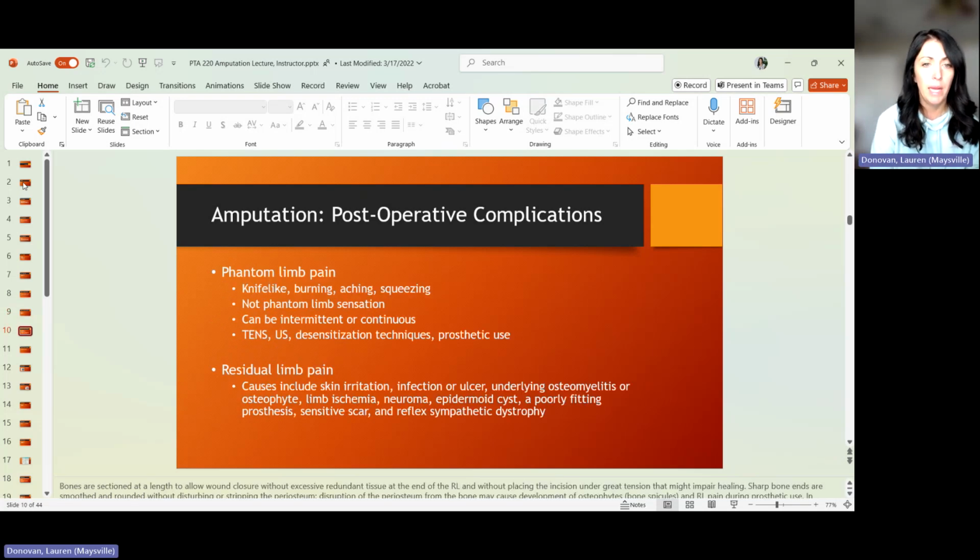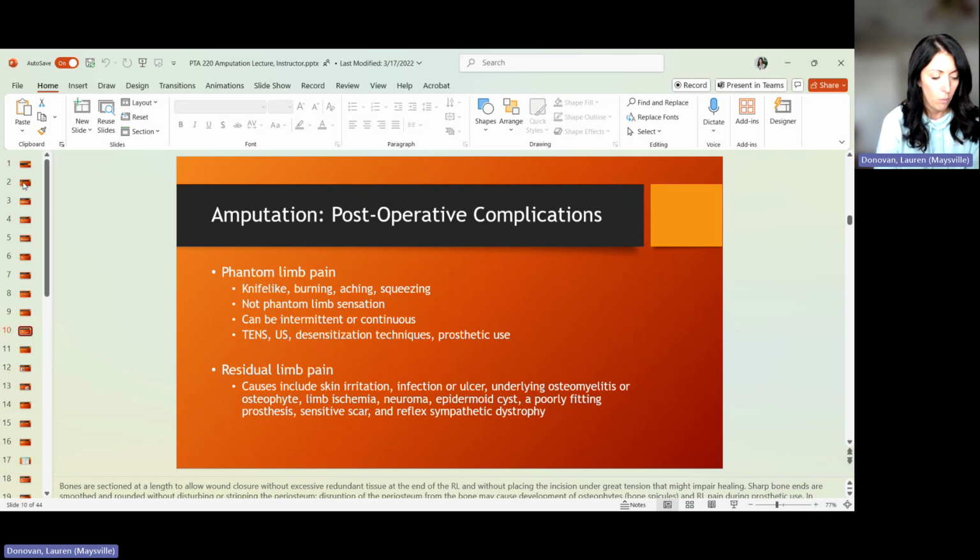Phantom limb pain is when patients say it feels knife-like, burning, aching, and squeezing, not the same as phantom limb sensation. The pain can be intermittent or continuous. So use of TENS, ultrasound, and desensitization techniques can be really helpful.